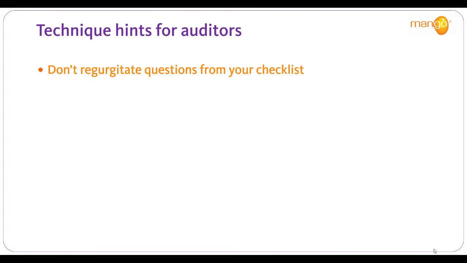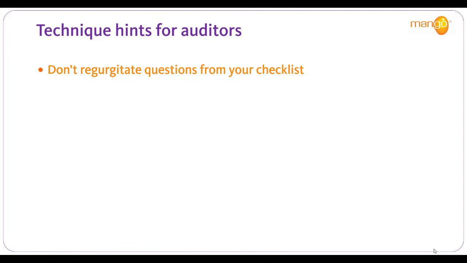Okay, so just some overriding techniques or hints that you can use when you're interviewing people. You just don't want to regurgitate the question from your checklist. The checklist really is only a guide.